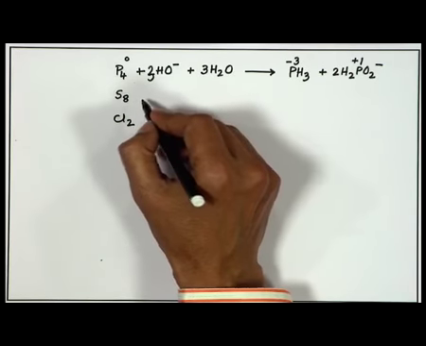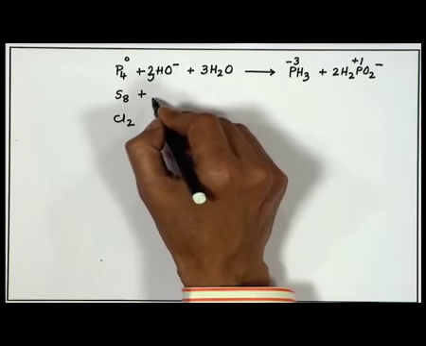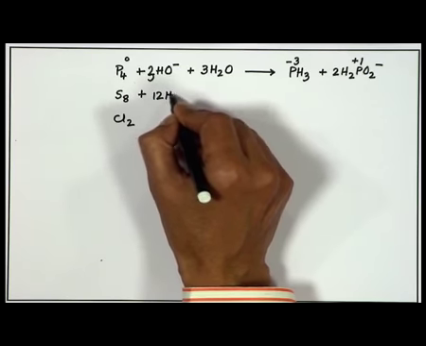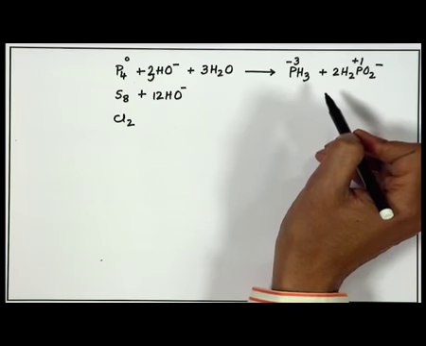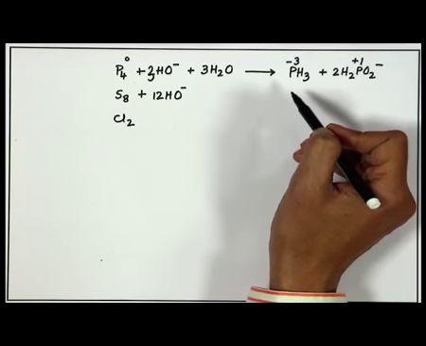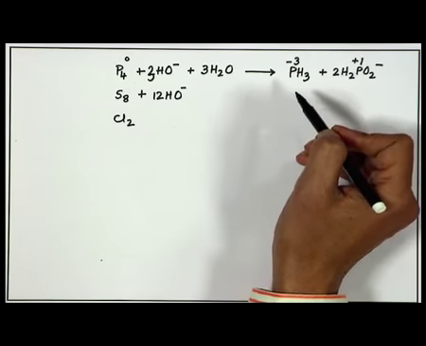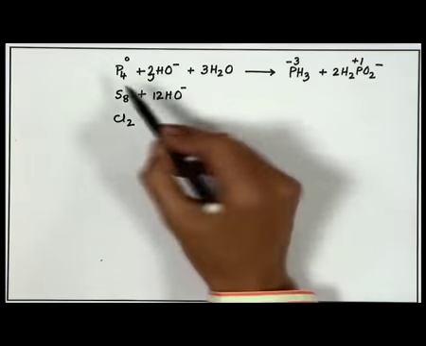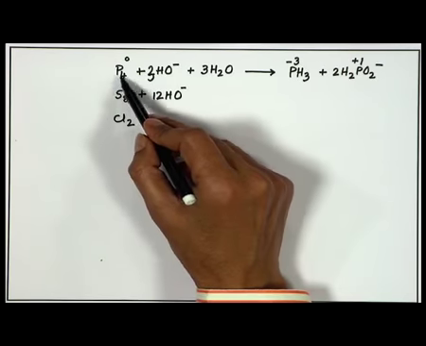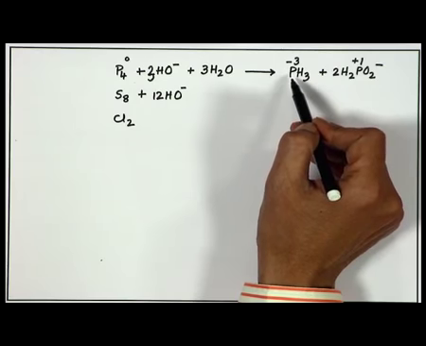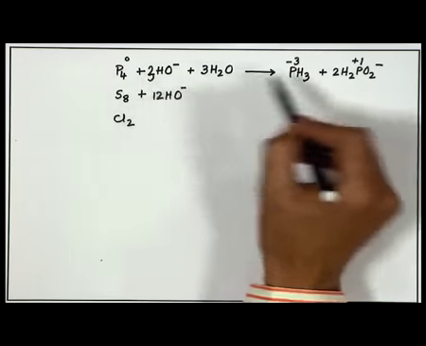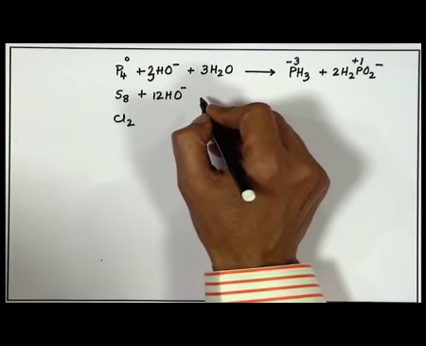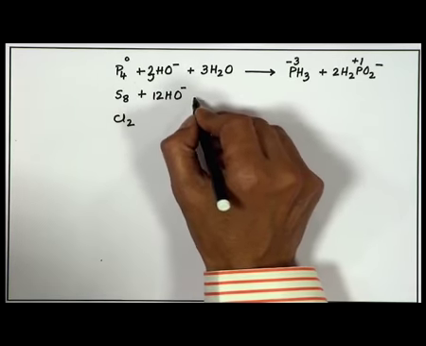Similarly, for S8 we just look at the number of electron transfer between these species. If it is 1:1, we are fine, but sometimes it is not 1:1, such as it is accepting 3 electrons and is going to PH3. So, it is accepting 3 electrons going from 0 to -3. So, this is not always a 1:1 type of reaction.